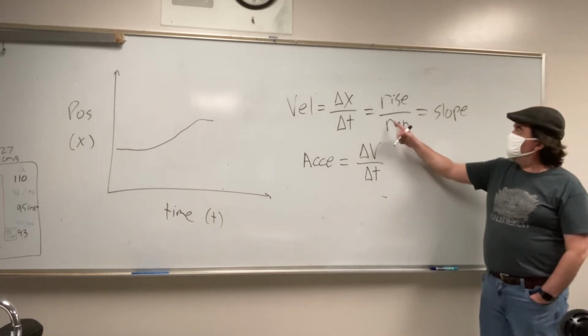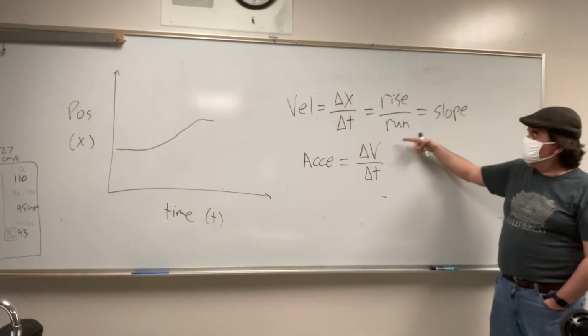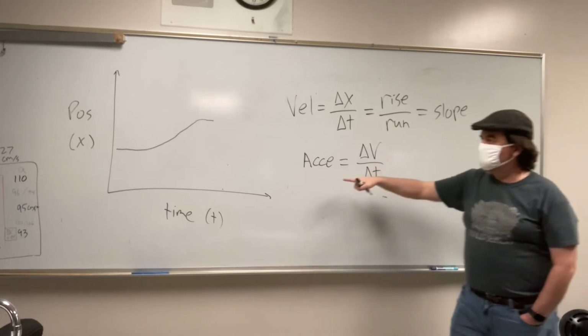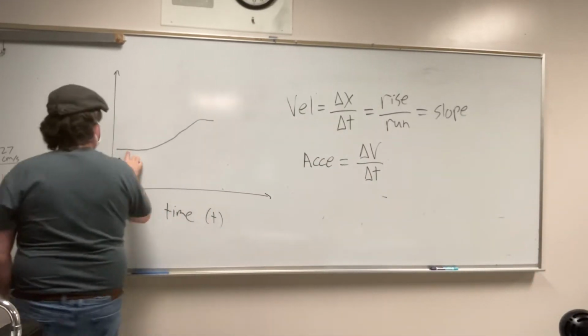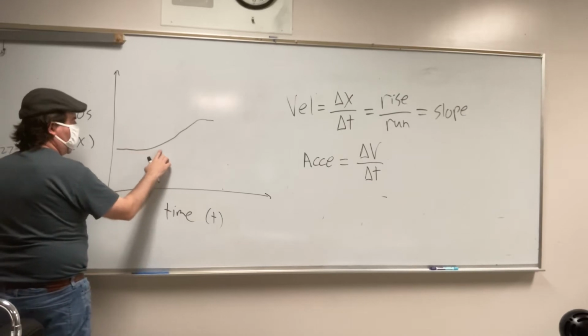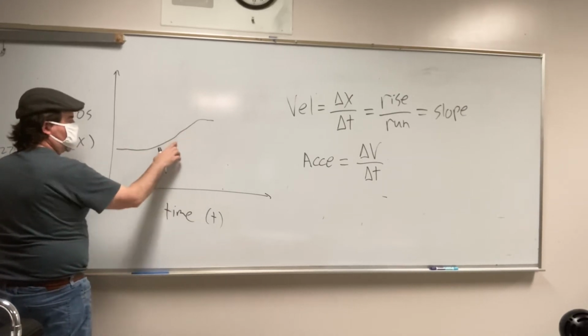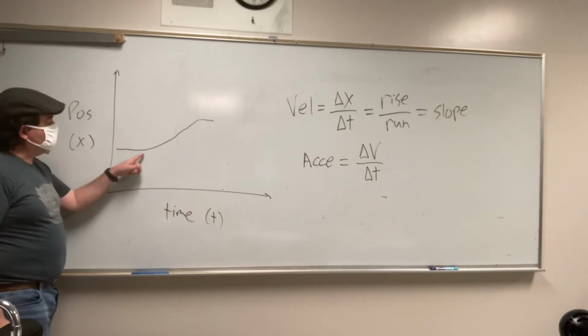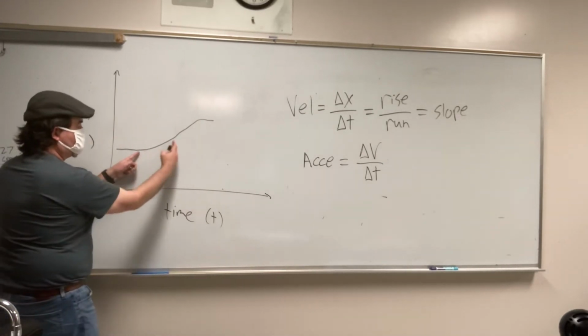But if the velocity is the slope, think what happens if the slope changes. If the slope starts out at 0 and then gradually turns to a different angle, that change in velocity took some time.